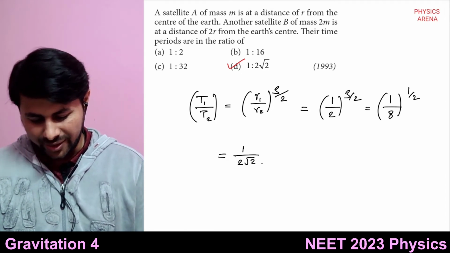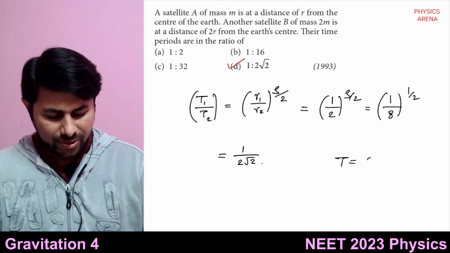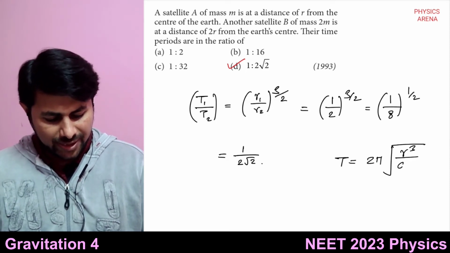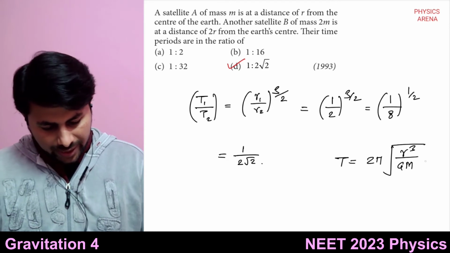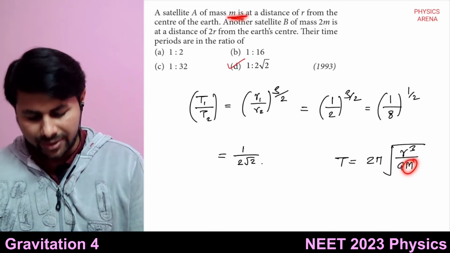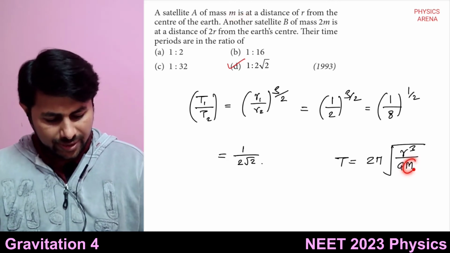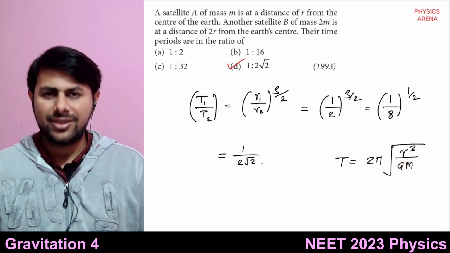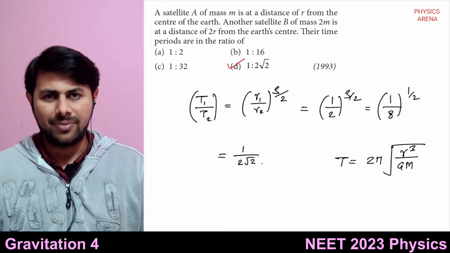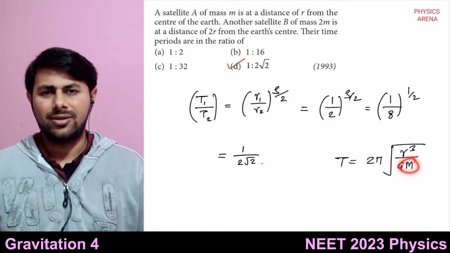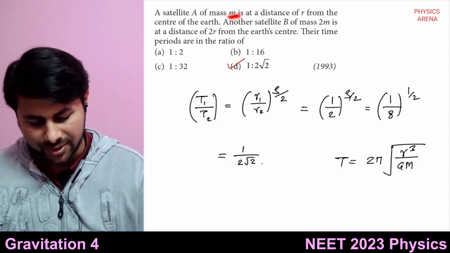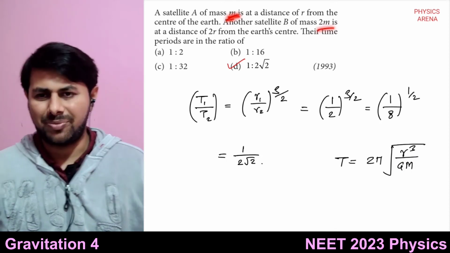The formula for time period is 2 pi square root of r cube divided by GM, and this mass is not the mass of the satellite. This is the mass of Earth. So time period doesn't depend on the mass of the satellite. It depends on the mass of Earth. So it doesn't matter how much the mass of the satellite is.